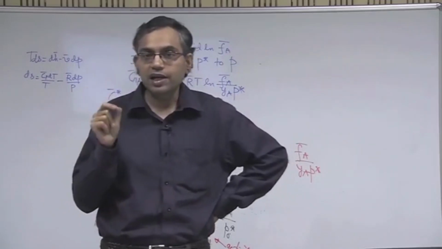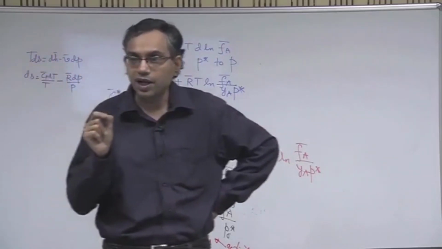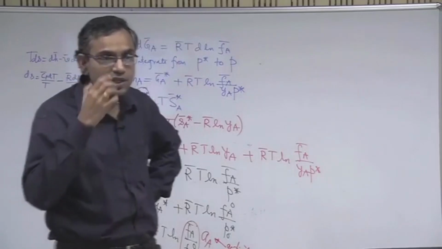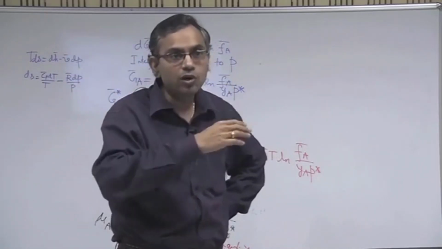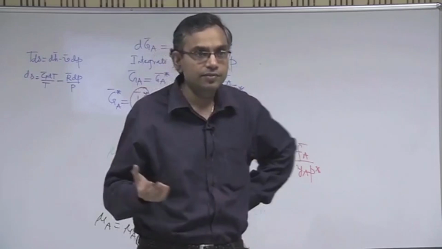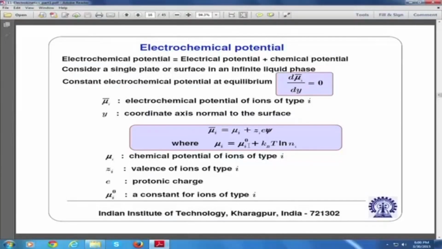So the Boltzmann constant is the universal constant divided by the Avogadro number. So it is basically to transform from 1 mole to a single entity. So let us see the expression. Eventually you can write the chemical potential for each ion, mu I is equal to mu I 0 plus kBT ln Ni, right. So we have derived the expression, so you know what are the assumptions under which this is valid.